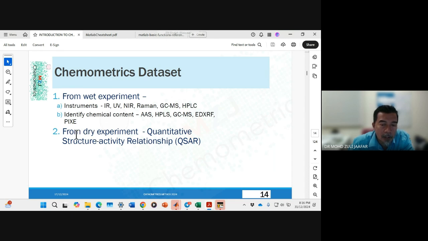And you run another experiment to find out the information from the molecular structure. So can you relate the chemical structure with the biological activity? Most of the time when we do dry experiment, we will combine it with wet experiment dataset.